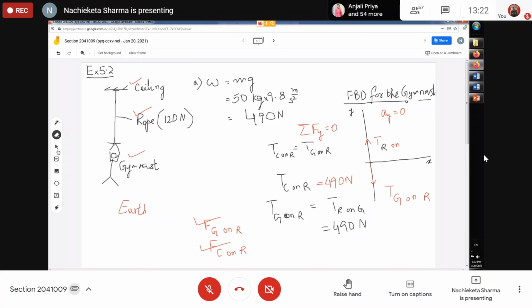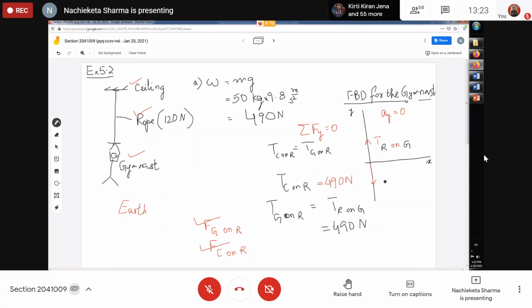Similarly, the gymnast is being pulled by the earth, so I will write force of earth on gymnast, but force of earth on gymnast is weight, so I will simply write weight of the gymnast.